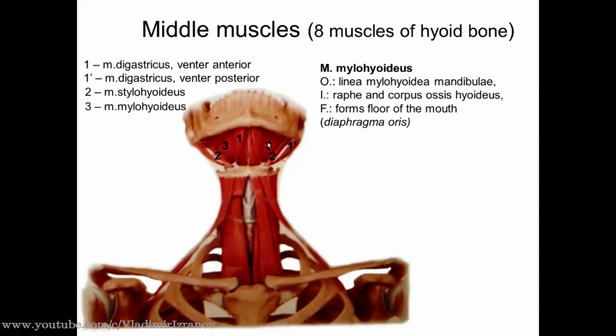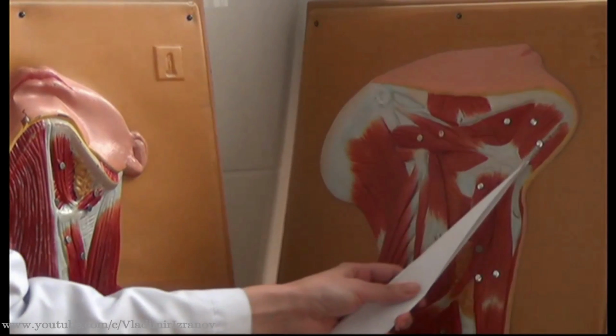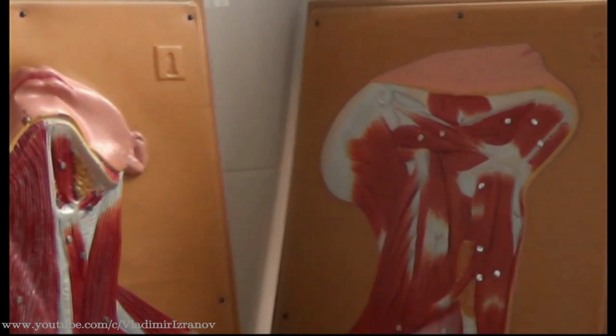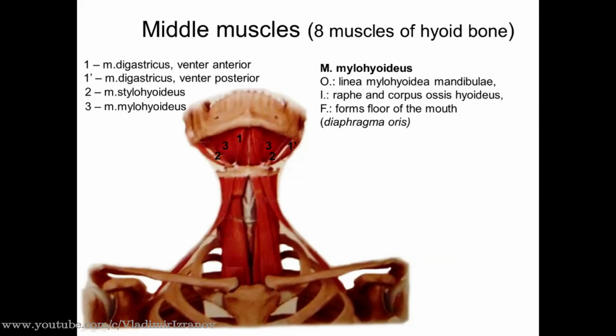And we shall demonstrate it also now in our planchet. Here it is, raphe musculi mylohyoidei. Okay, thank you. And what is the function of these muscles? It forms the floor of the mouth. This floor of the mouth is named diaphragma oris.